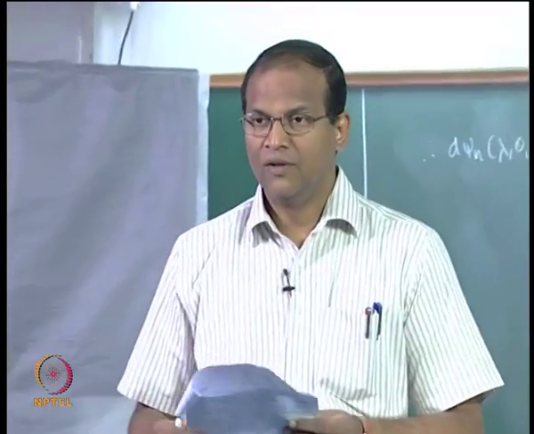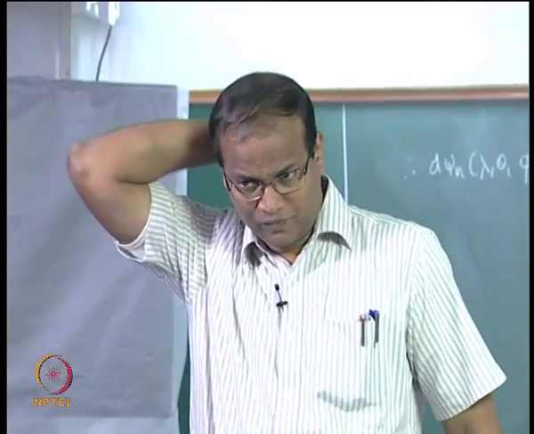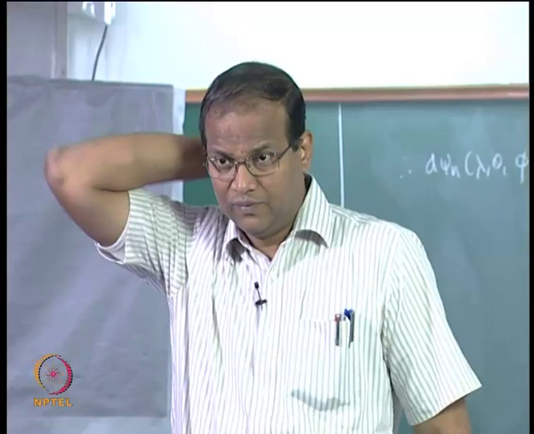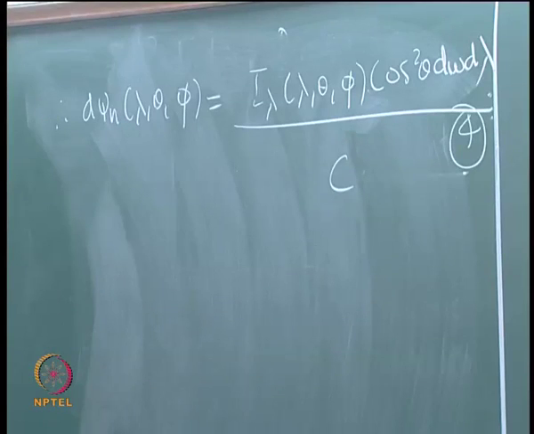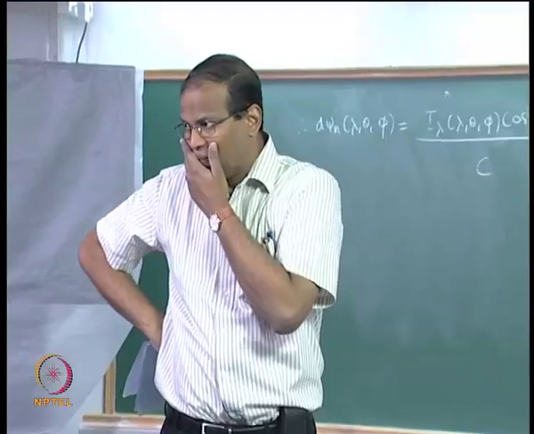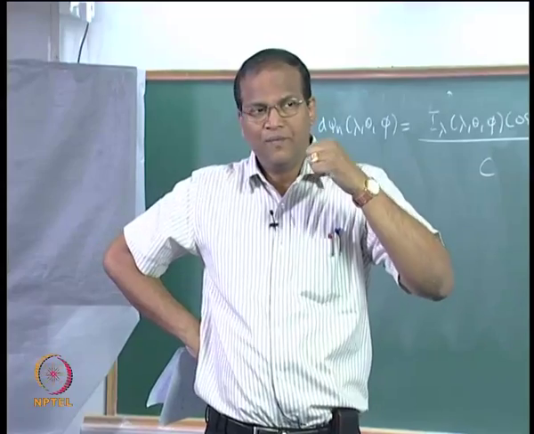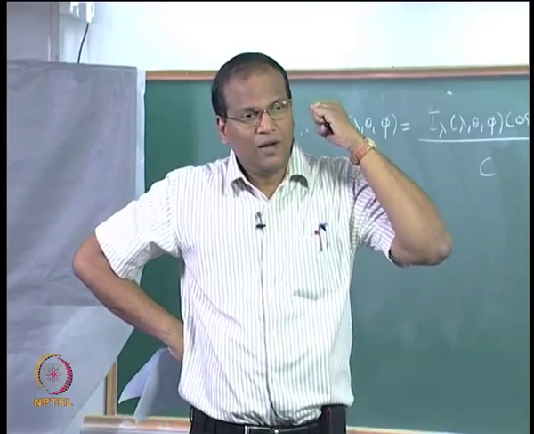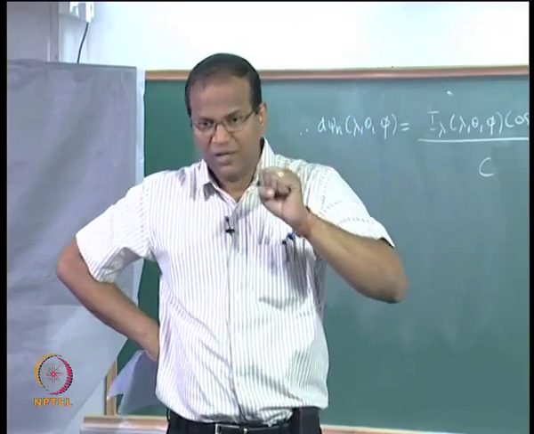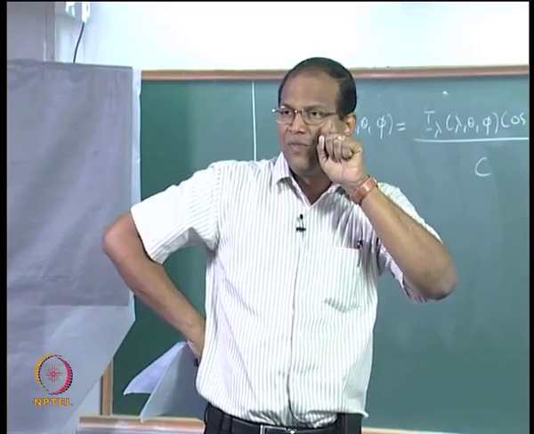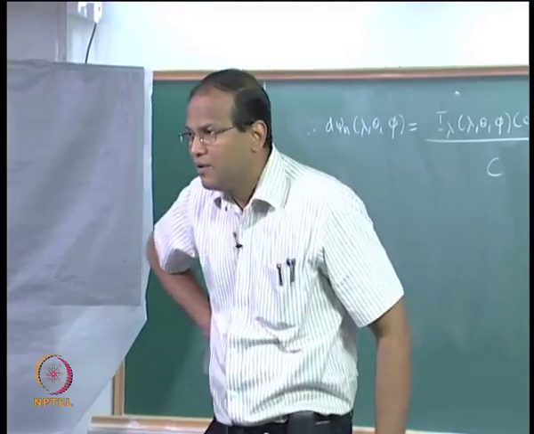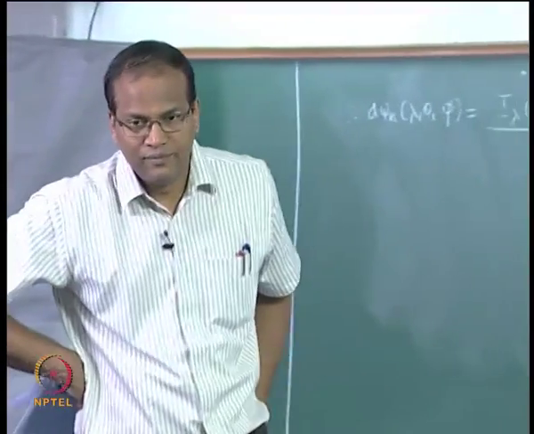Now I am going to tell you something which is controversial, but you will have to accept. If dA is perfectly reflecting, it is just like high velocity water from a nozzle impacting the Pelton wheel turbine blade.